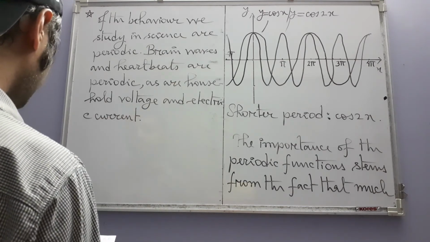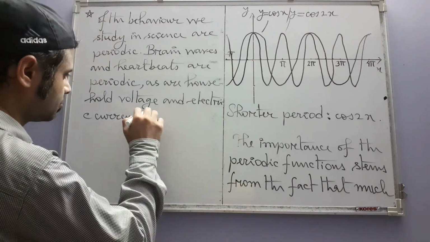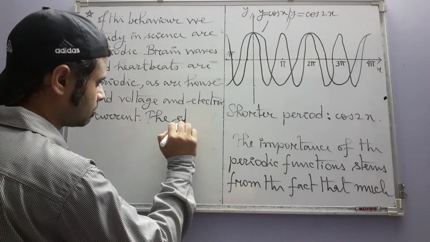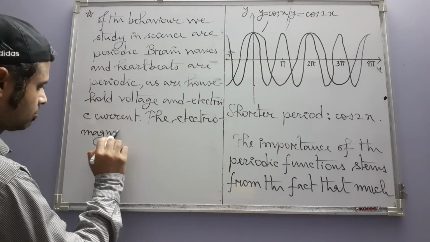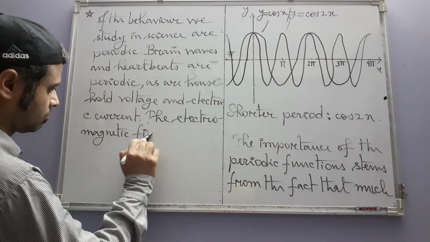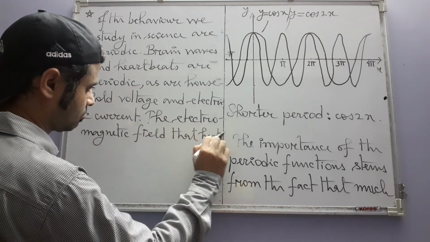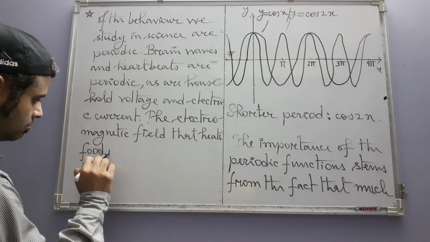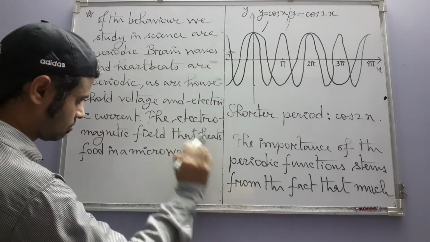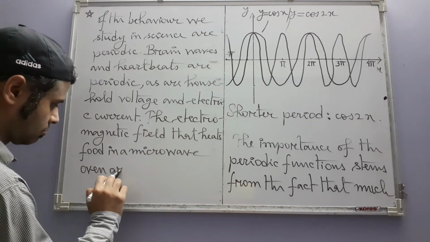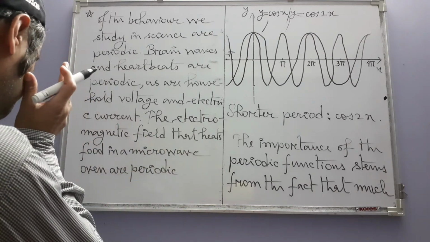The electromagnetic field that heats food in a microwave oven is periodic.